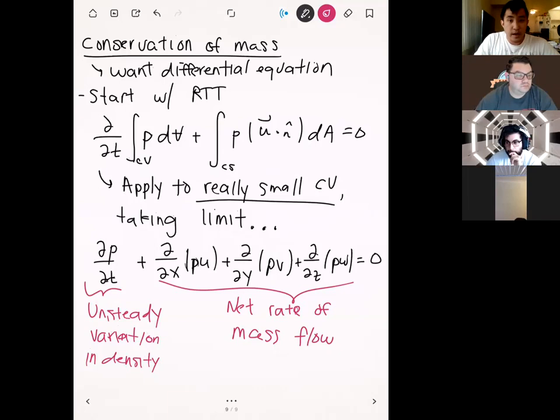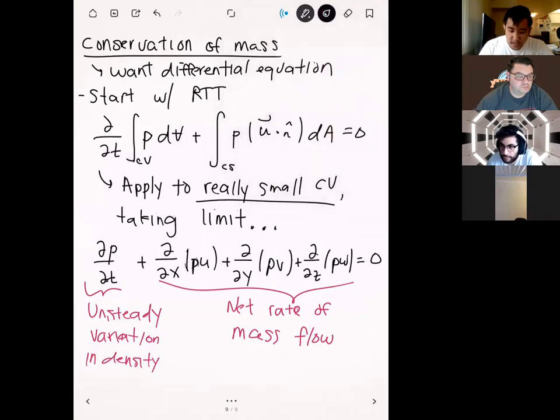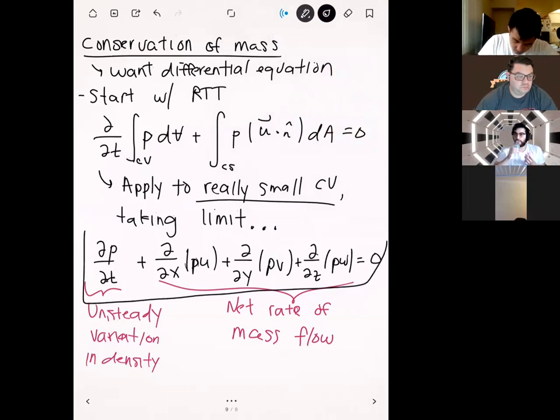So we have a different form for conservation of mass, but they represent the same things. In this limit where we take a really small control volume, you can see that we've gone from an integral expression down to a differential equation. And this is the differential equation that can be used to express conservation of mass for a general fluid.